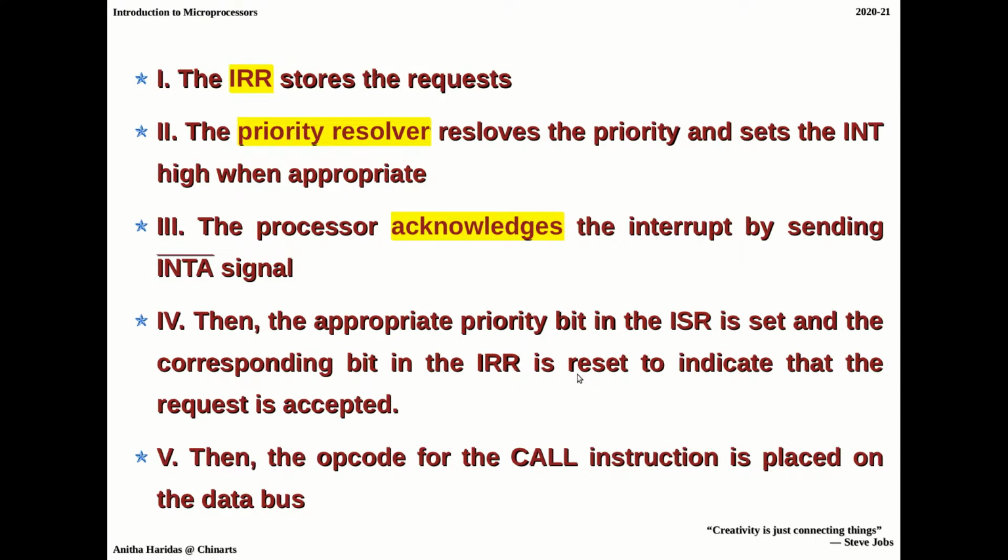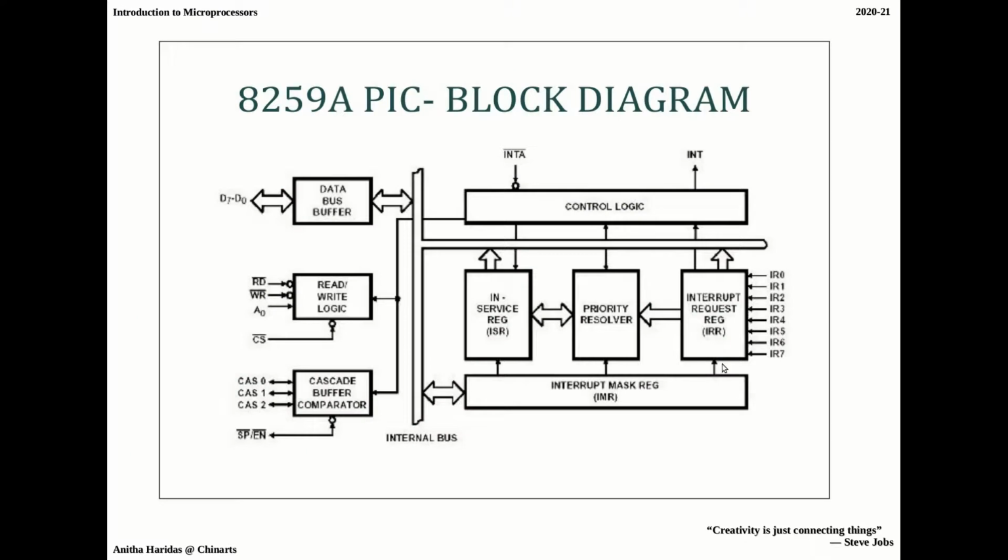But suppose, for example, two requests are coming in, IR0 and IR3, let us assume. So IR0 will be set to 1 and IR3 will also be set to 1. Now, depending upon the priority, if IR0 has higher priority, obviously IR0 will be serviced first.